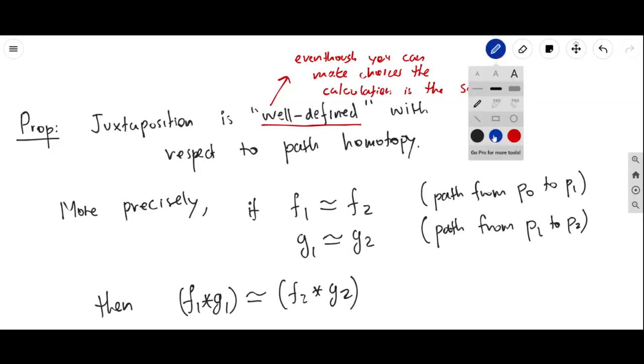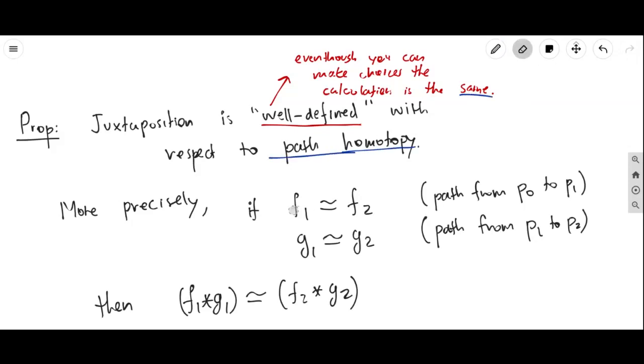Now, when we say you get the same answer, what we mean is the same with respect to path homotopy. If you take two different paths that are the same in the homotopic sense, and then you take two other different paths that are the same in the homotopic sense, then if you do this juxtaposition and you do that juxtaposition, you will, of course, get different answers. But when you look at it from the point of view of homotopy, the answers come out to be the same thing. So that's what we mean by well defined.